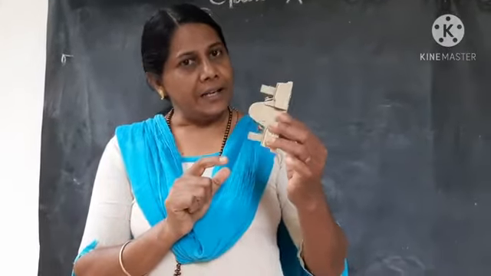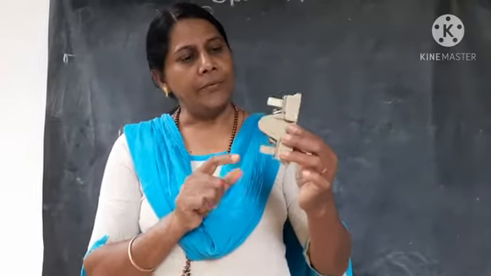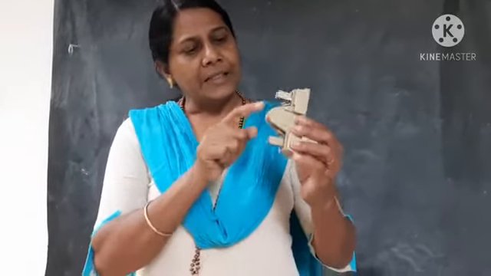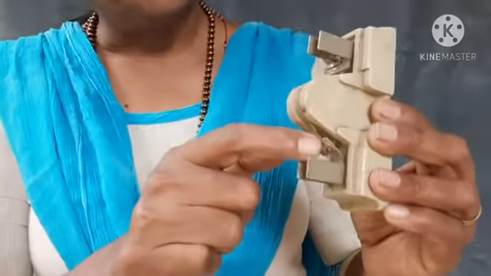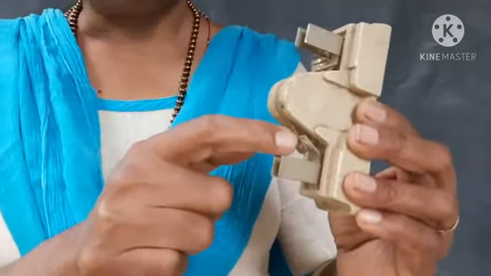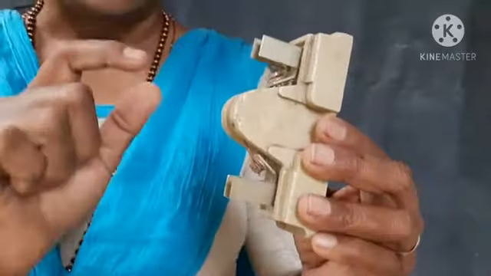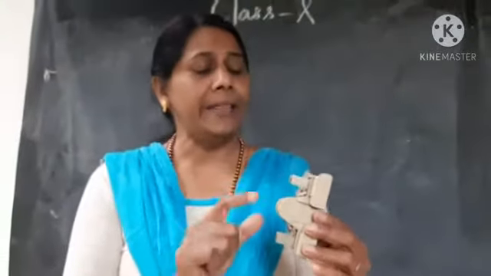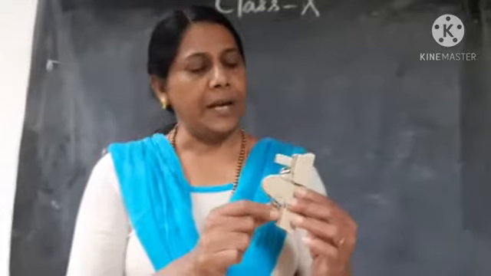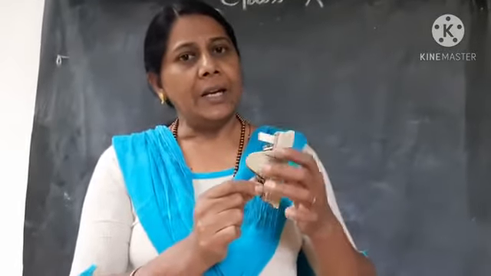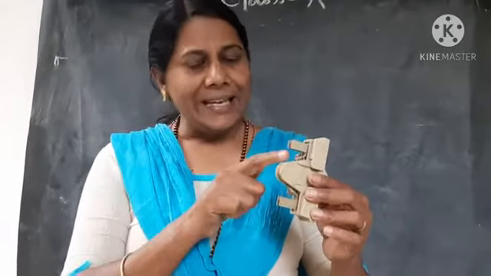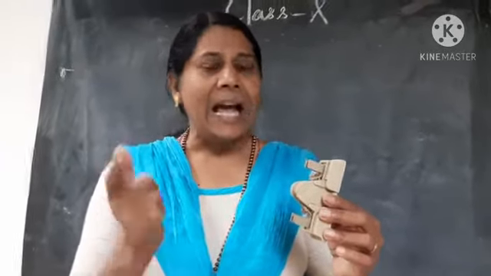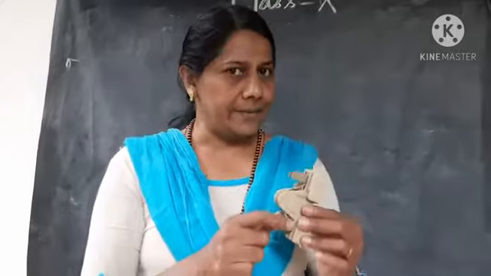The center has a wire, made up of a metal or alloy having a low melting point. Why do they have a low melting point? Because when more current is passing through the circuit, it will melt easily and protect the appliances.